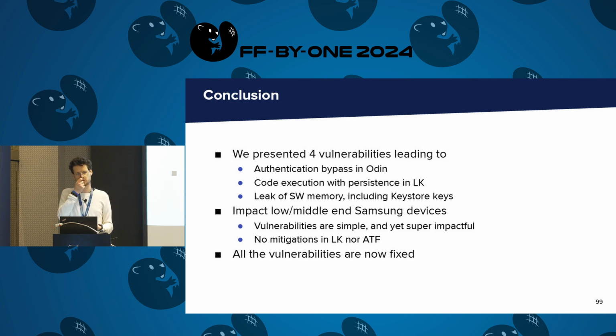Then using 2 other bugs in the secure world, we leaked some memory, including Keystore keys that are supposed to be protected. All these vulnerabilities have been found in low-end Samsung devices. As you can see, they're relatively simple at the end of the day, but very impactful, also due to the lack of mitigations that we found in the various components that we exploited.